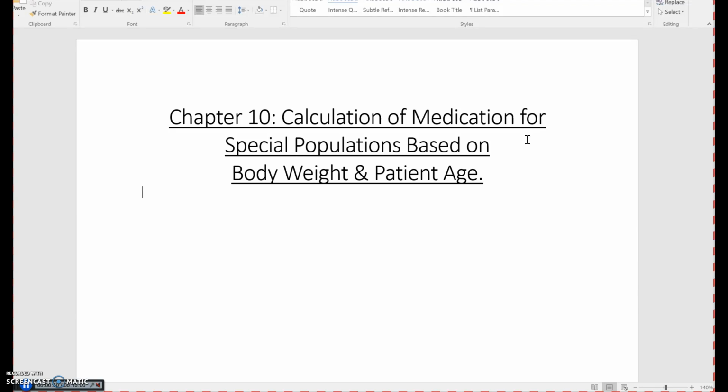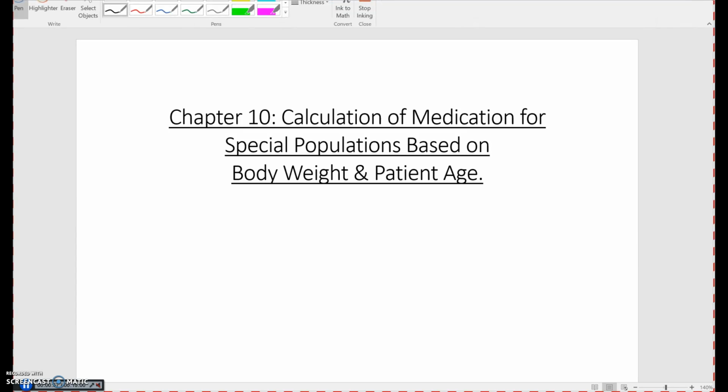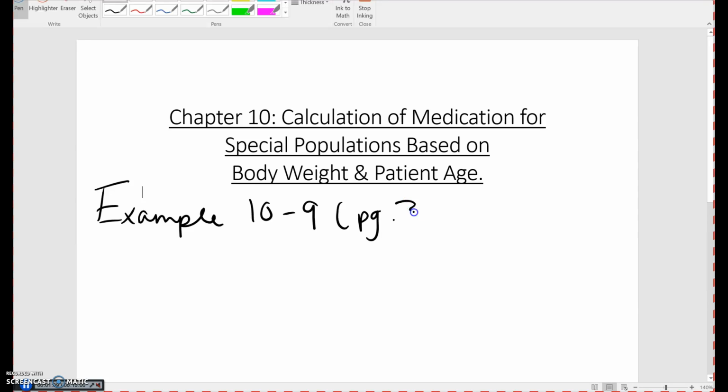I want to keep practicing those examples. So I want you guys to turn to page 370 and let's look at example 10-9 on page 370.